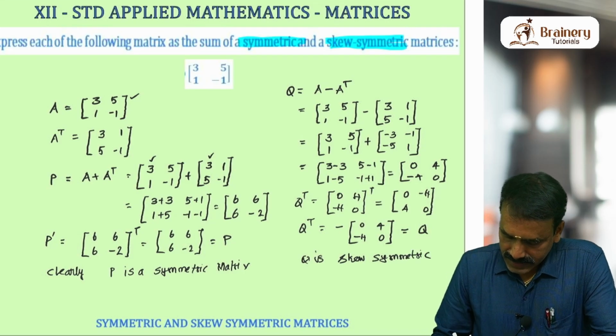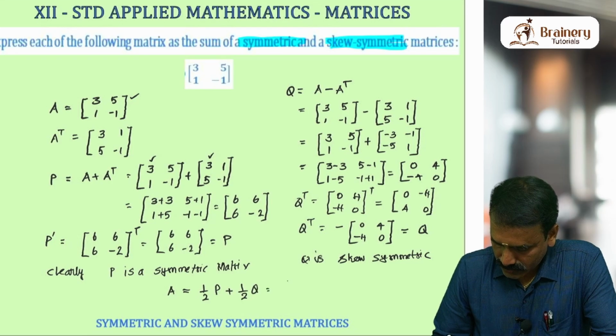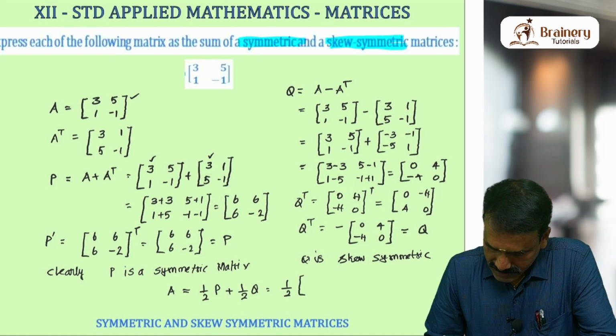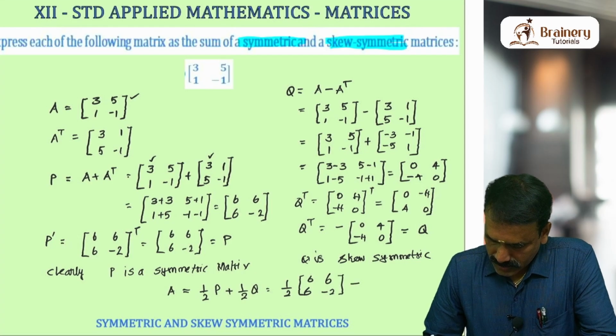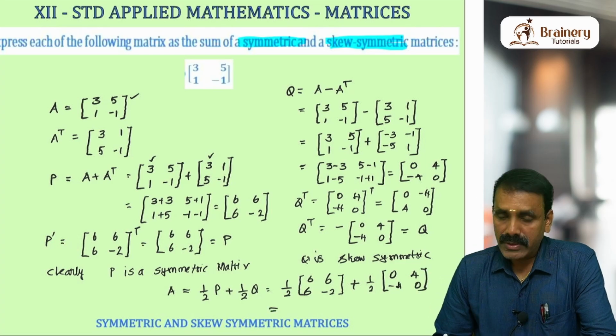Now my A can be written as A is equal to 1 by 2 times P plus 1 by 2 times Q, that is equal to 1 by 2 times the P matrix, that is [6, 6; 6, -2], plus 1 by 2 times the Q matrix. Q matrix is [0, 4; -4, 0]. And I can multiply this scalar inside.